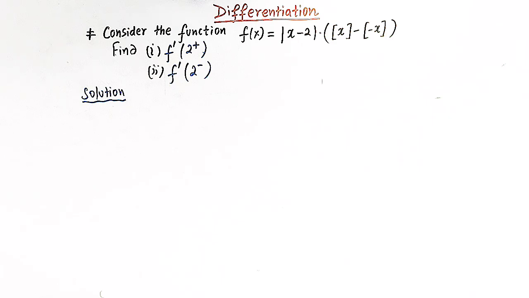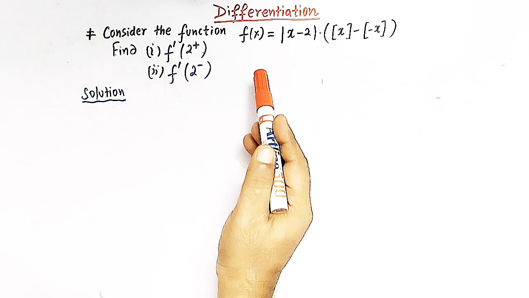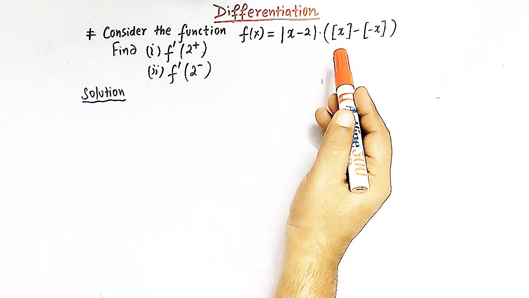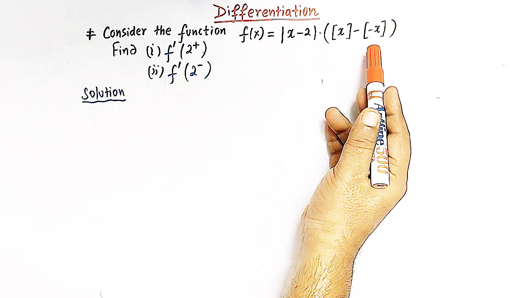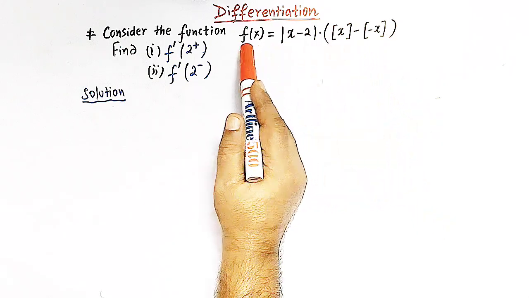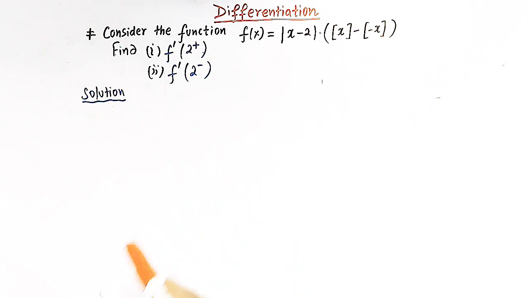And then we'll see how we can redefine this function f of x by making use of the property of greatest integer function, right? So let us first see the important property of greatest integer function, which helps us to modify this function f of x, and then we'll find out the left hand derivative and the right hand derivative of this function f of x at x is equal to 2.